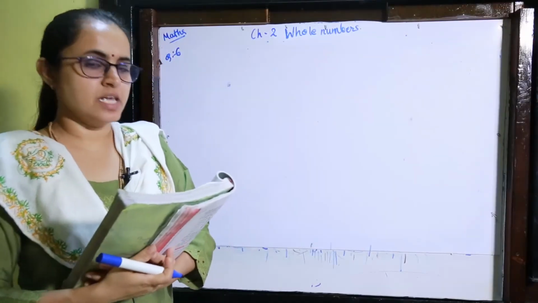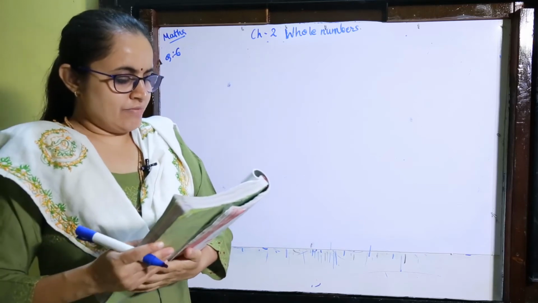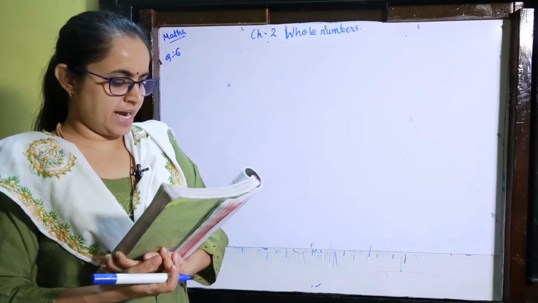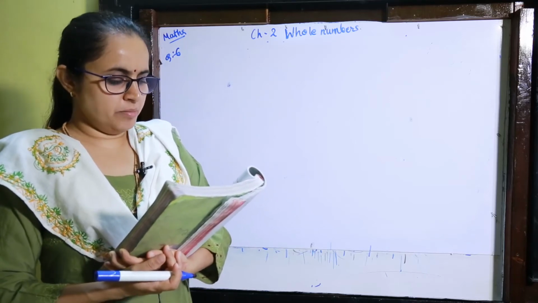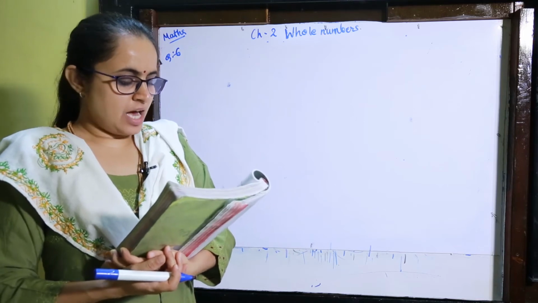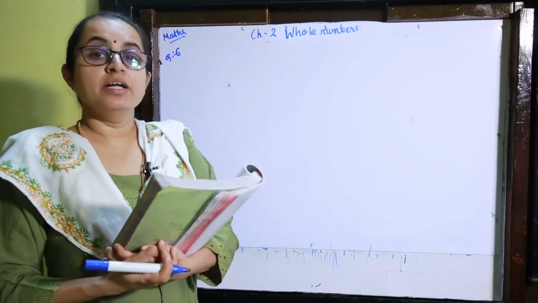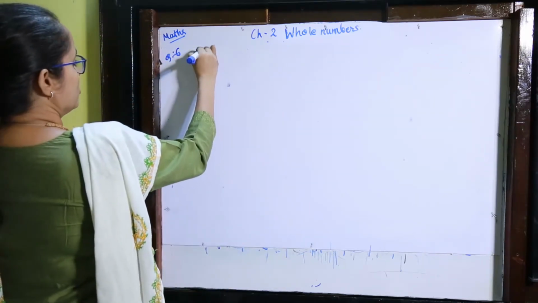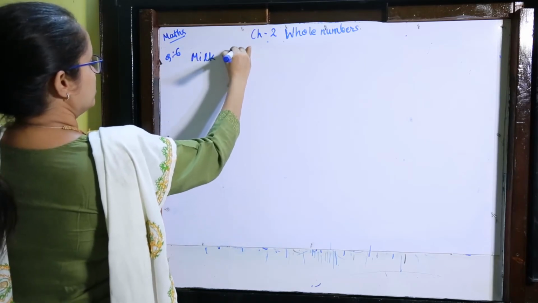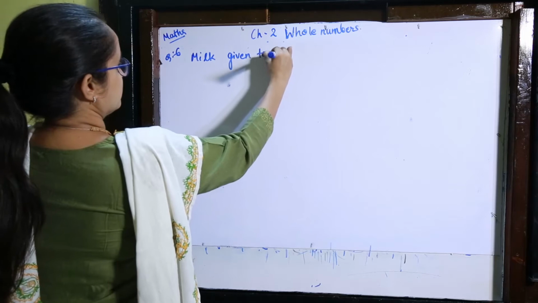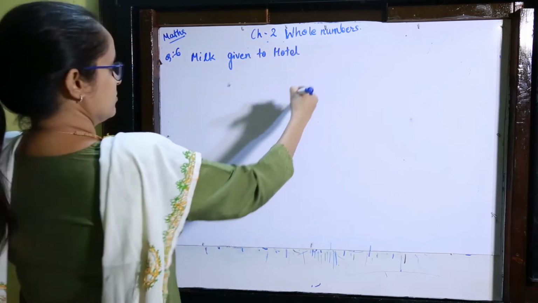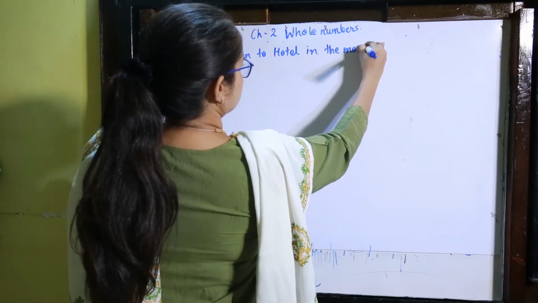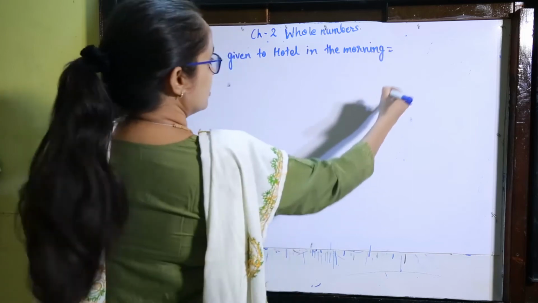Now question number 6, as I am reading for you: a vendor supplies 32 liter of milk to a hotel in the morning and 68 liter of milk in the evening. The milk cost rupees 45 per liter. How much money is due to the vendor per day? Now children, the same way, first of all, milk given to the hotel in the morning is equal to 32 liter.